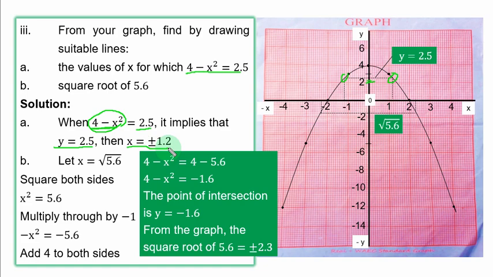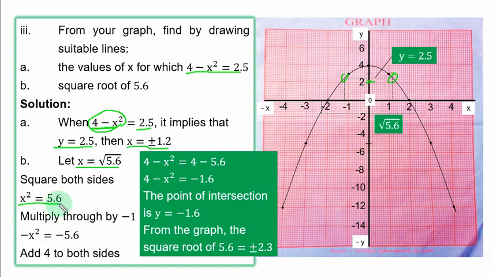So let's start by letting s equal to the square root of 5.6. For us to get s squared, you have to square both sides. When you square both sides, you have s squared equal to 5.6.